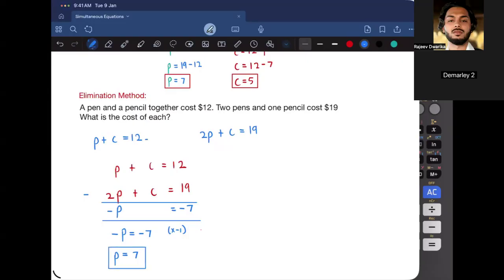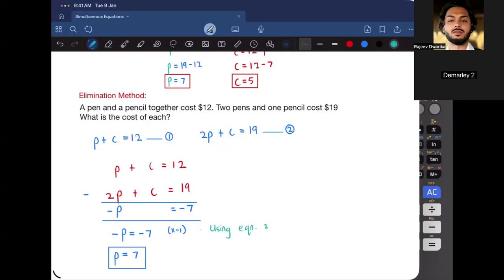And so now I want you to pick an equation, and we're going to plug that into the equation to find C. You can pick any one this time. Let's go with equation 2 again.